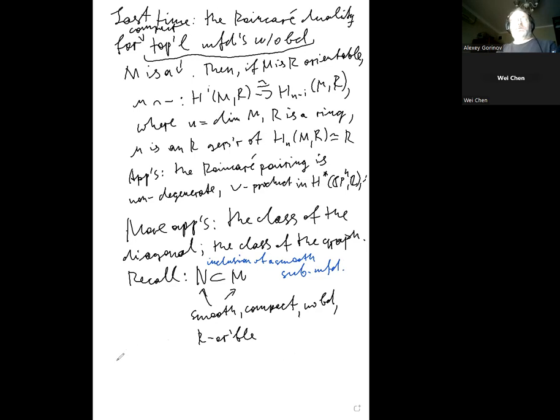Okay, I think that's enough. Let's denote this inclusion map by i.